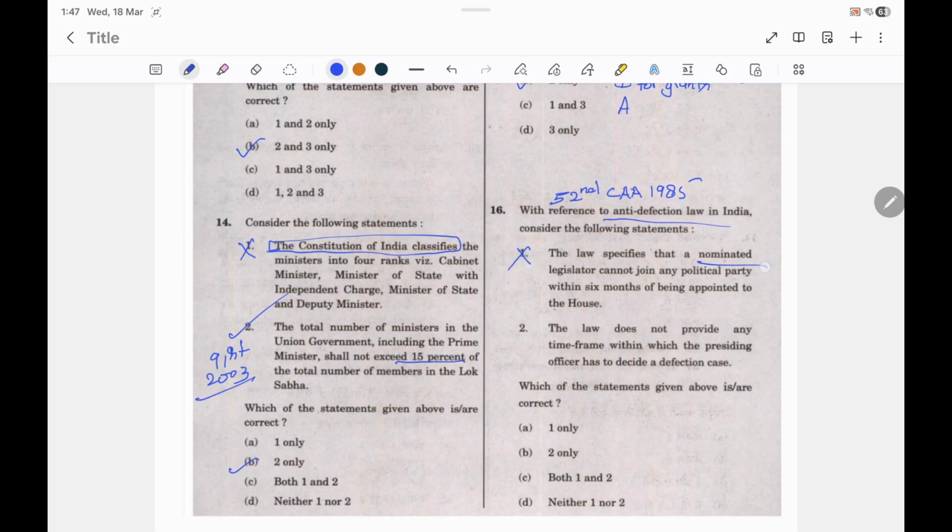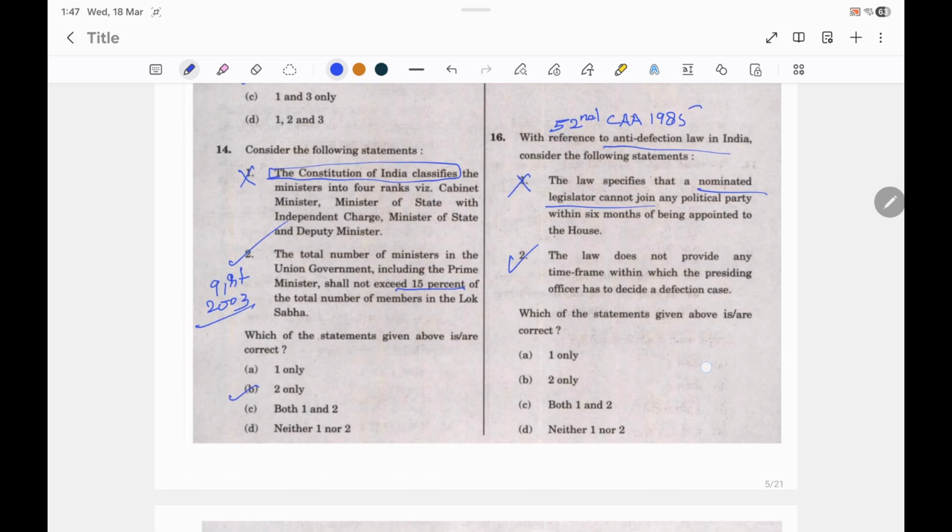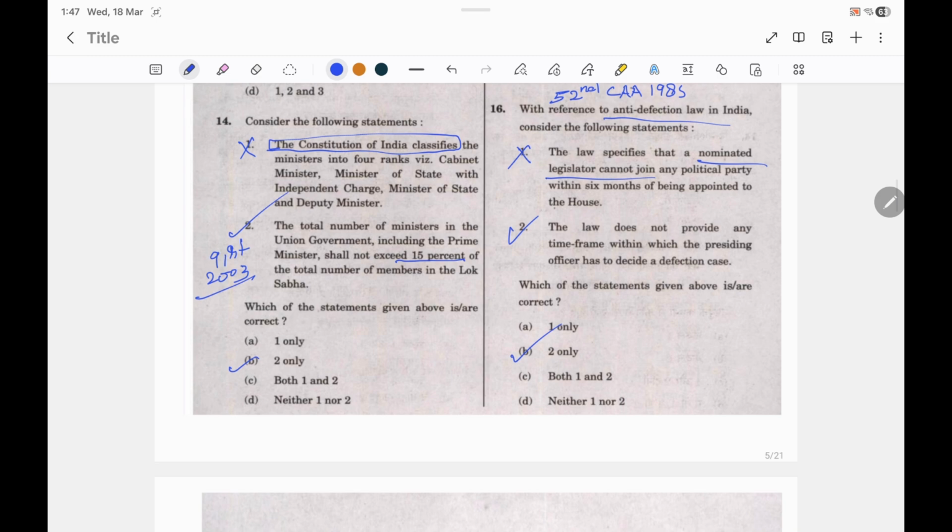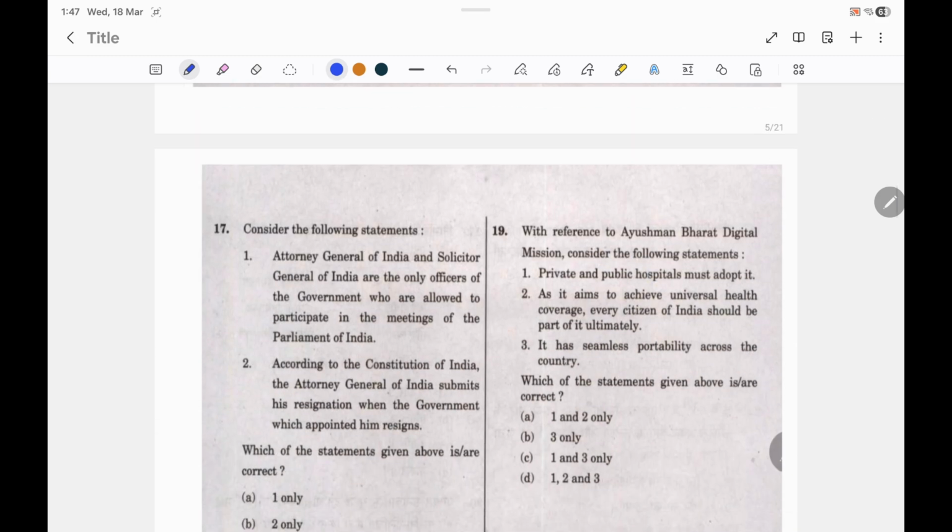Because a nominated member has to join a political party within the 6 months, and if he fails to do so, then after the 6 months anti-defection will apply to him. Now the next option is the law does not provide any time frame within which the presiding officer has to decide. So this is correct. There is no time frame. Answer will be 2 only.